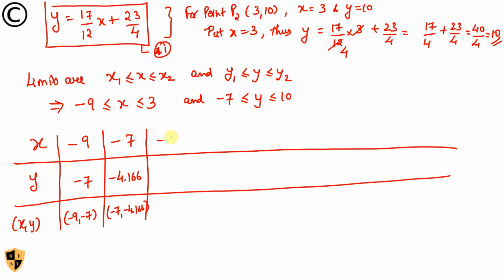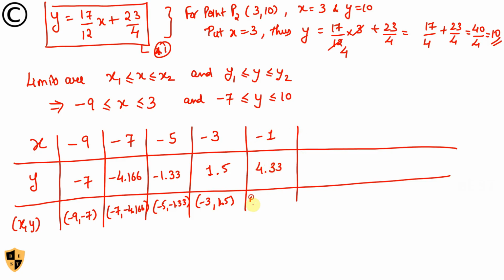Same way you can go to -5, find one more point, then you can go to -3, find the point, then you can go to -1, lastly you can go to 1, and then the last final point is going to be 3, with x equal to 3, for which you will get 10.